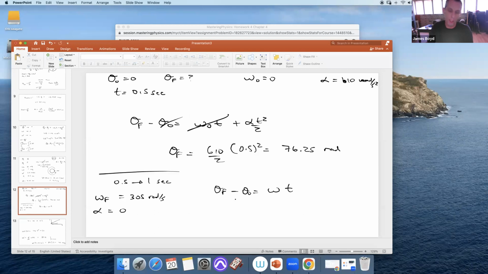So if we just want to figure out how far it turned in this, it would be 305 times another half, or 152.5. Add those two together, and we get 76.25 plus 152.5. I get 228.75 rads, or about 230 rads.